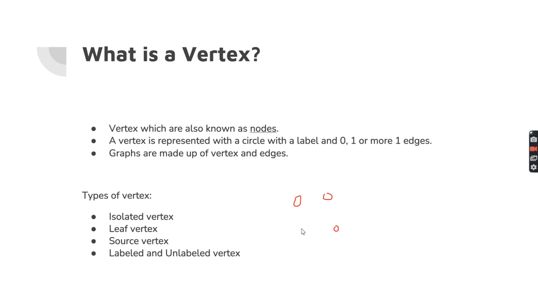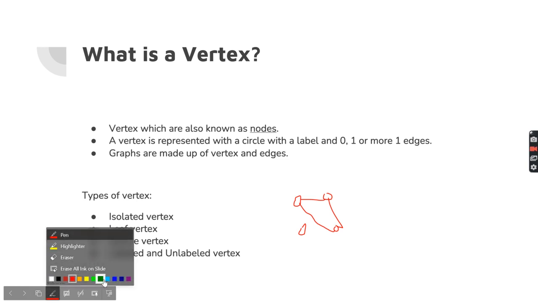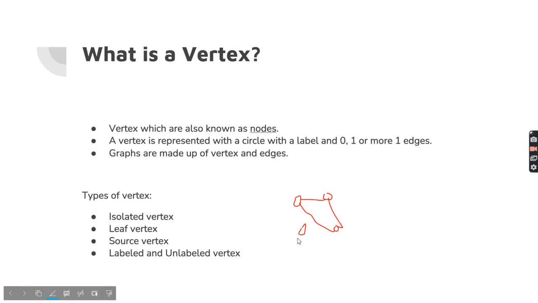If we take an example like this, where there are four vertex and three are connected, but this vertex is not connected to any of the other vertex, then this can be said as isolated vertex.